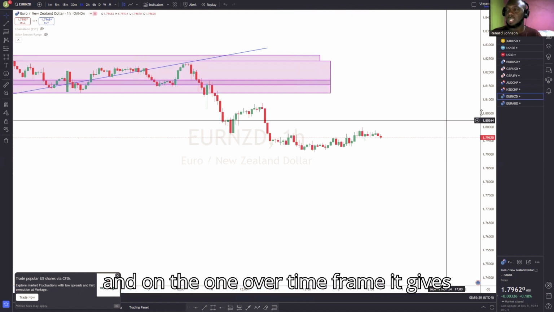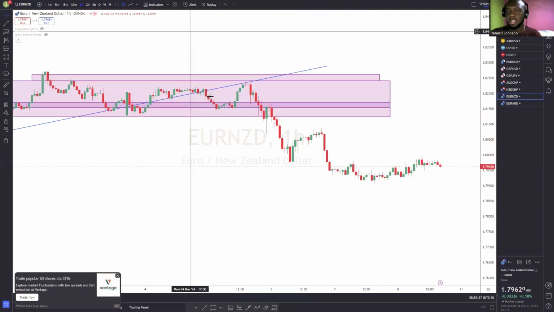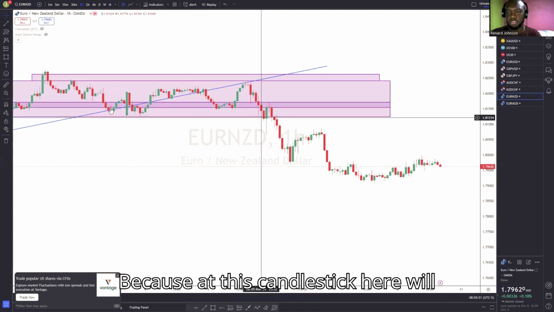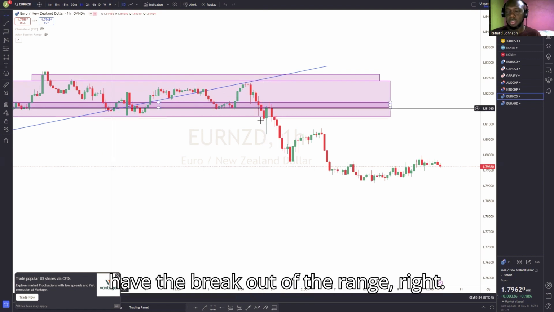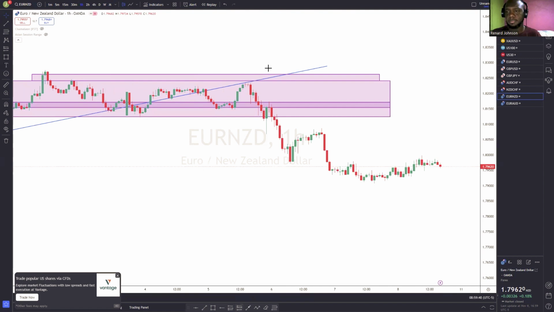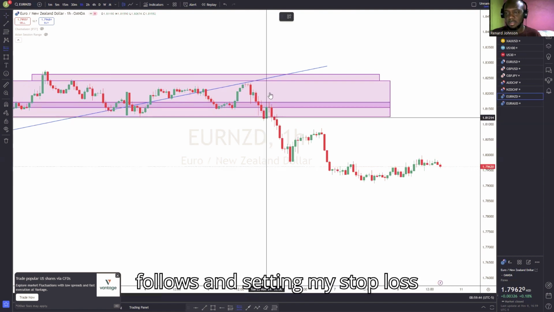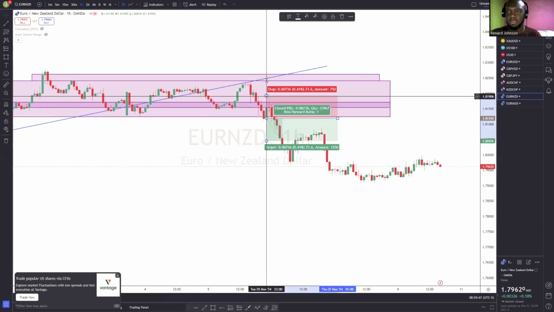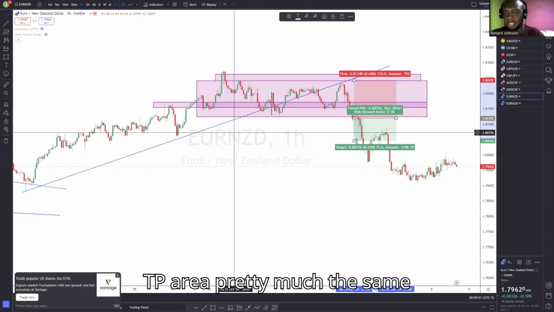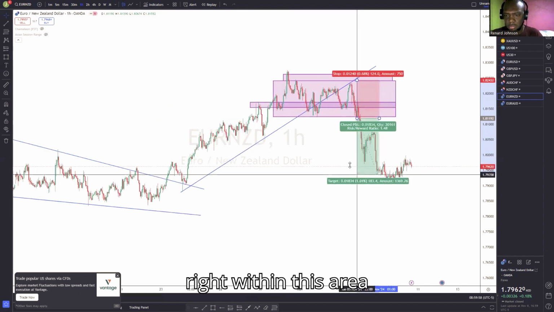On the 1 hour time frame, it gives me a clear indication that price wants to go lower, because at this candlestick here, we have the breakout of the range. So I took the trade on the candle that follows, and set my stop loss above the range. The TP area is pretty much the same, right within this area.